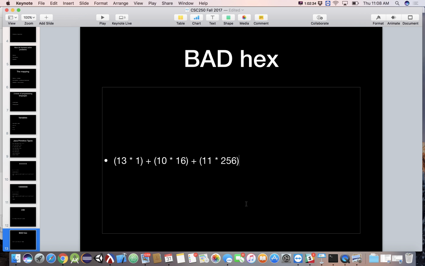Okay, but we use the exact same algorithm here to convert it. We just had to convert our A, B, and D into the equivalent decimal numbers. We had to convert it from the hextets into decimal values so we could do the math. Because I guarantee if you try to multiply D times 1, you're going to have problems. We typically don't do math with letters.